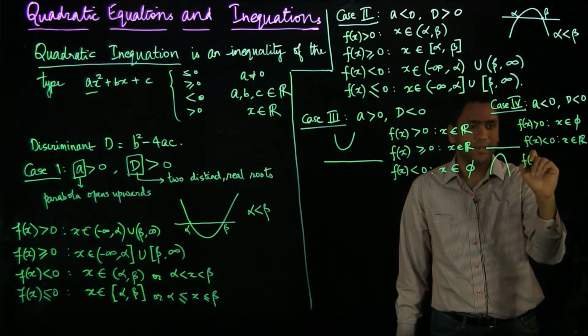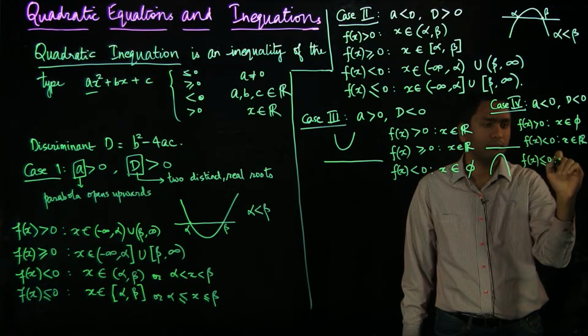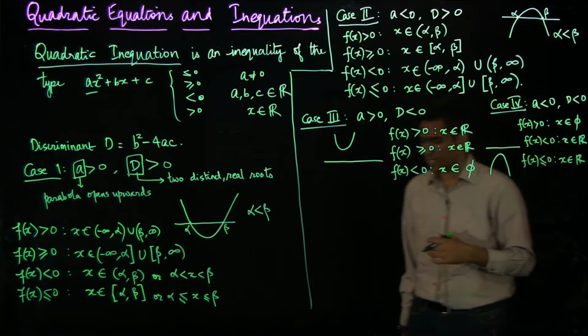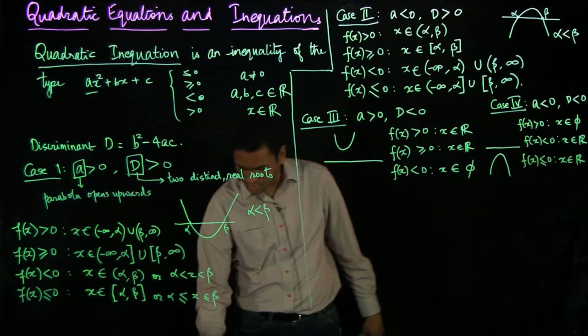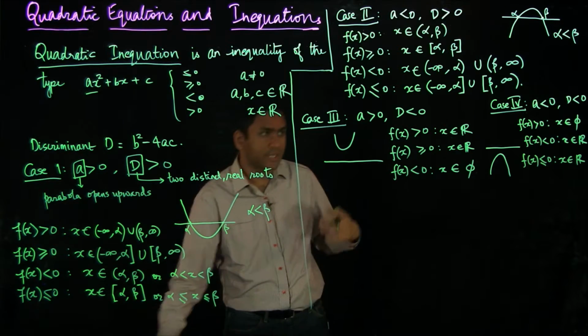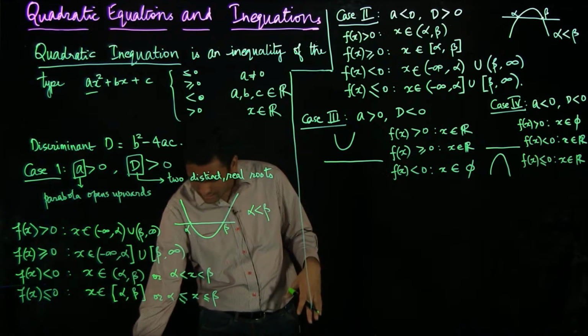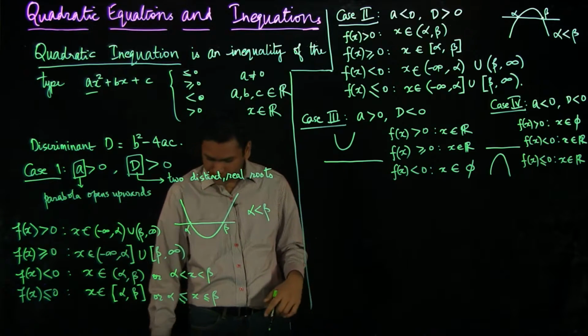And also f(x) less than or equal to 0 could be any real number, because f(x) equals 0 never happens, so it never really touches the x-axis. So based on intuition and just the values of a and the discriminant, you can solve any quadratic inequation.